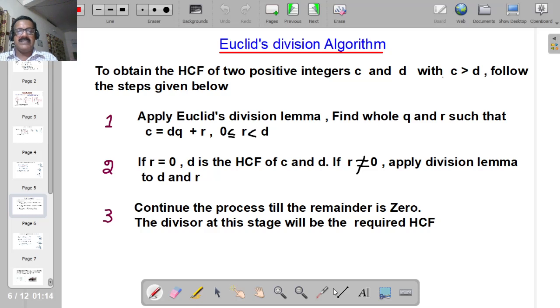If at a particular stage we get the remainder as 0, then the divisor at that stage will be the required HCF of c and d. I think you have understood this.